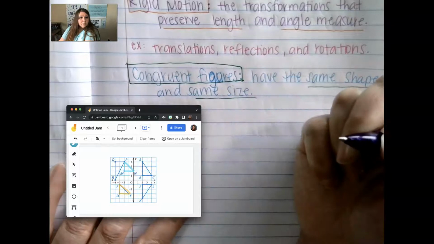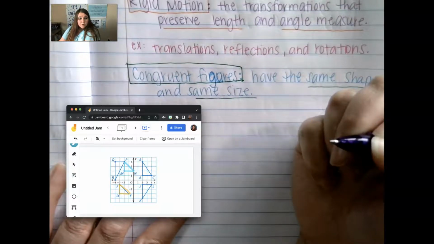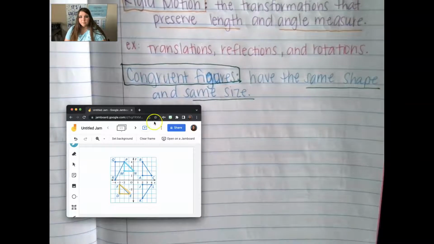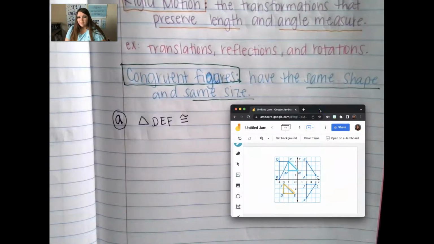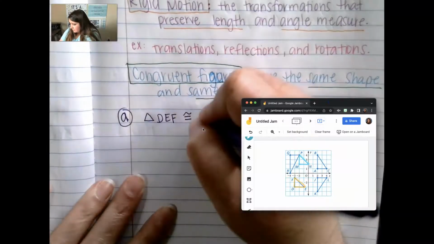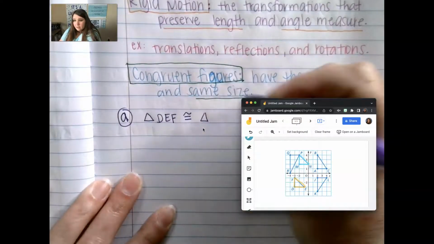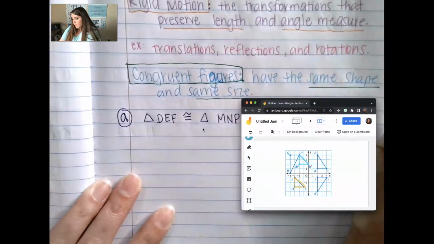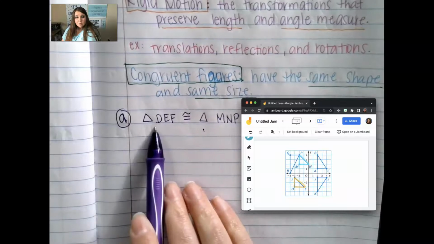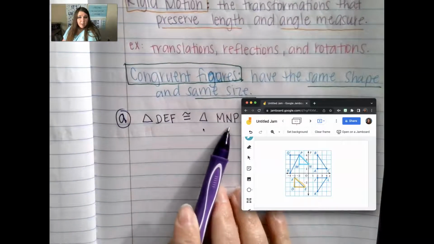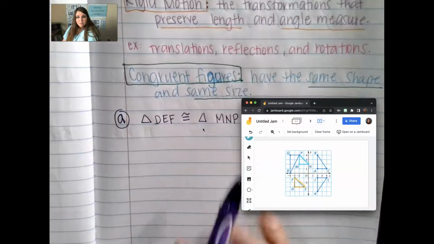They use this little symbol right here for congruent. Oh, you can't see it. It's underneath my hand. Okay, it's congruent to triangle MNP. Okay, so triangle DEF is the same as triangle MNP.